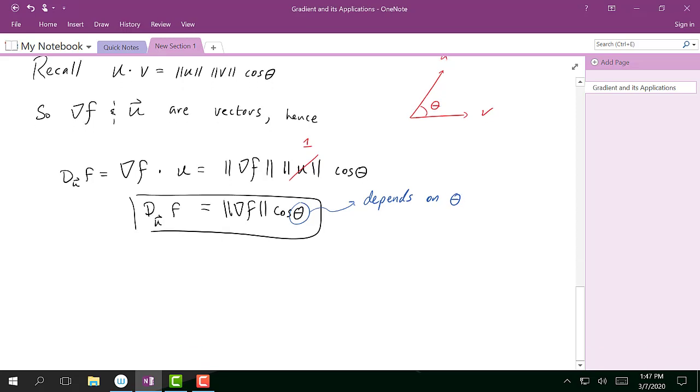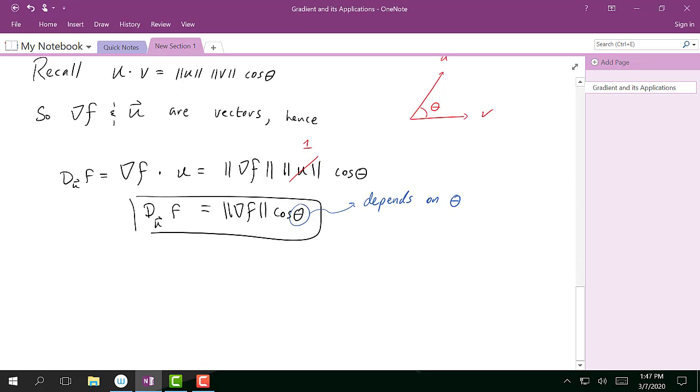And so what we get is this expression is going to be maximized when the cosine of theta is equal to 1. Because we recall that cosine of theta, same thing for sine, but here cosine of theta is bounded between -1 and 1.